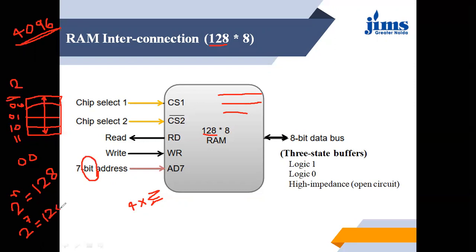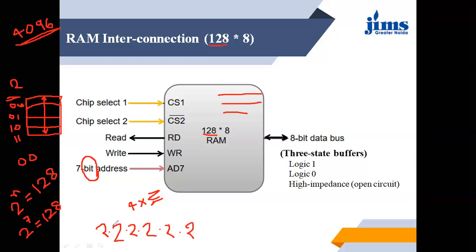2 raised to the power 2 is 4. Okay, let me do it in a different way. This is 2 multiplied by 2 multiplied by 2, multiplied by 2, again multiplied by 2, and again multiplied by 2.